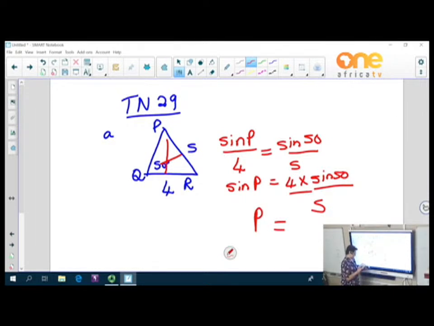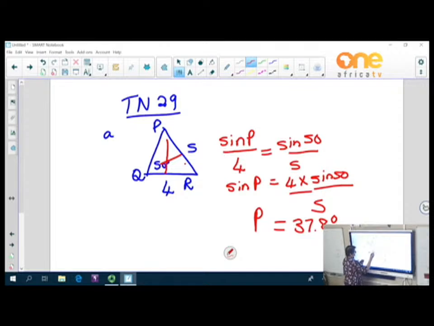Brackets, another bracket, 4 times sine 50, close, divide by 5, close, is equal to, and I got 37.8 degrees. No, sorry, this is now the wrong one. Number A. Yeah, 37.8 degrees there for P.